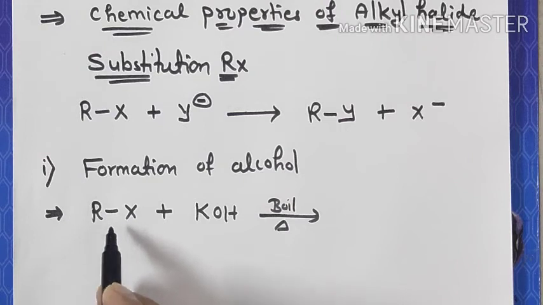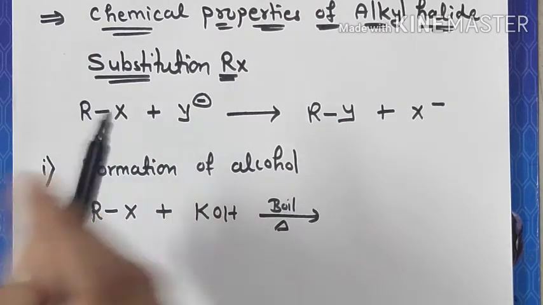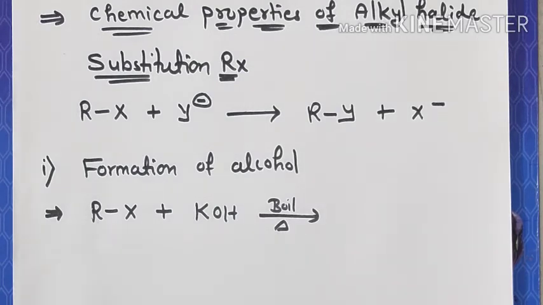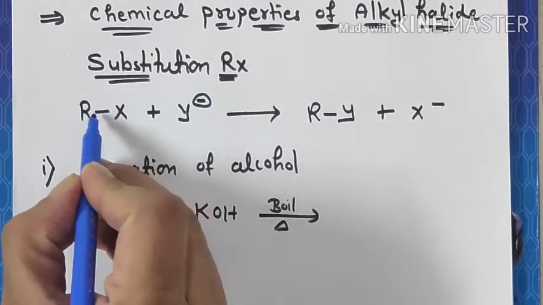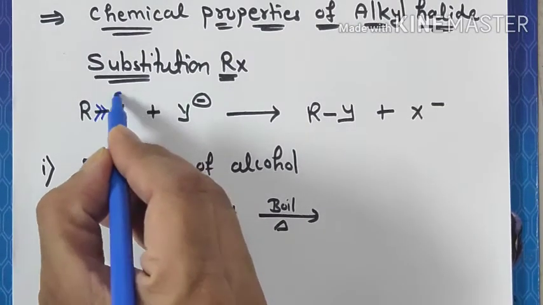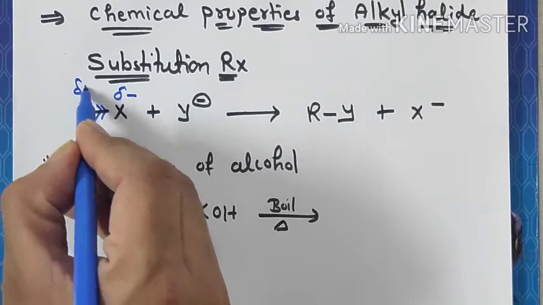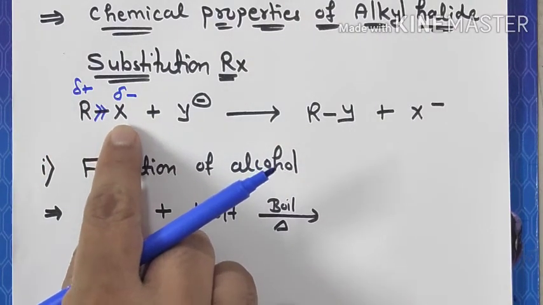See, we know the alkyl halide. In an alkyl halide, R is positive and X is negative. There's a bond, and this bonded pair of electrons shifts towards the halogen, so it acquires a partial negative charge and the carbon a partial positive charge. Actually, this is also a nucleophile.